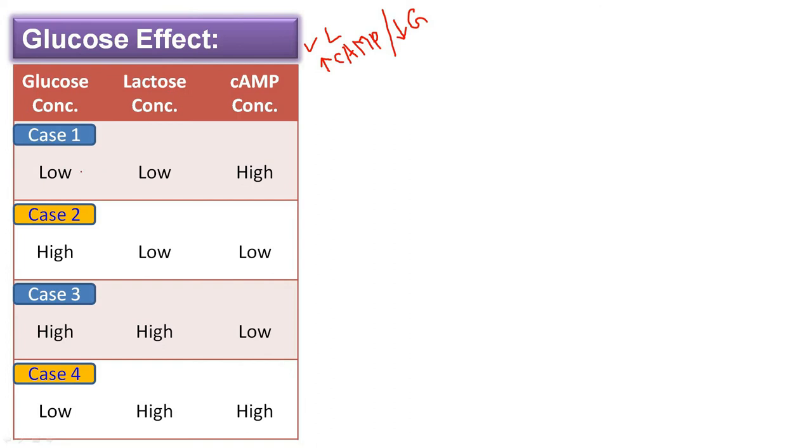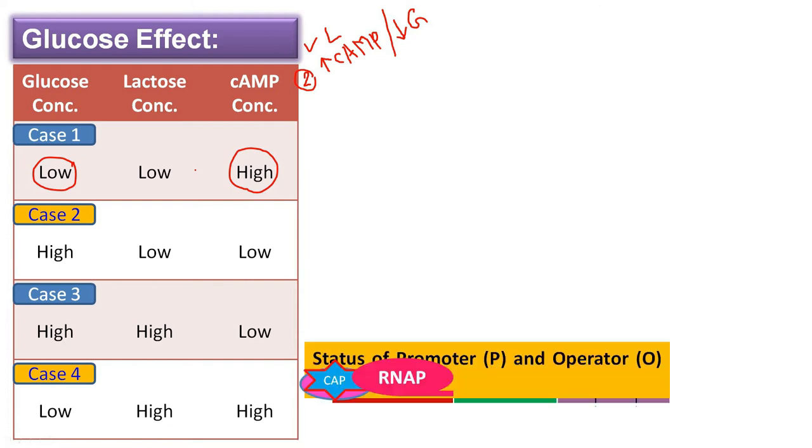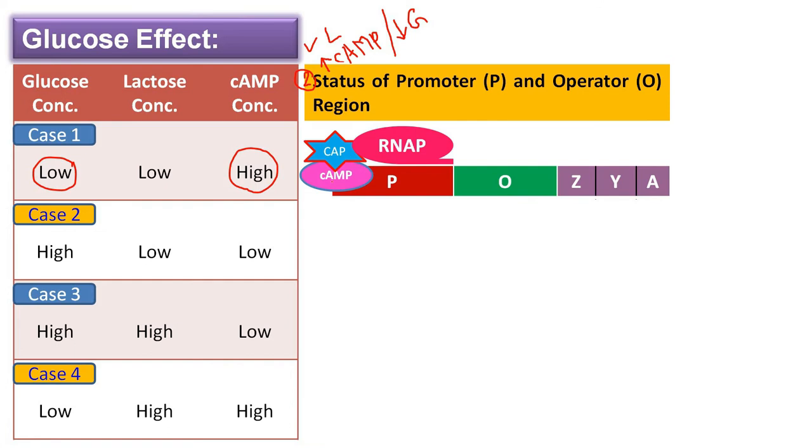So in the first case, see, the level of glucose is low here, whereas the level of cyclic AMP is high. So the second condition is fulfilled. So the RNA polymerase can bind to the promoter. Along with cyclic AMP and CAP, the RNA polymerase can efficiently bind to the promoter to initiate the transcription.